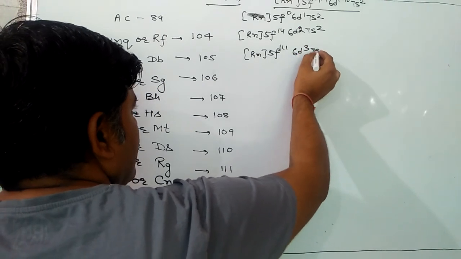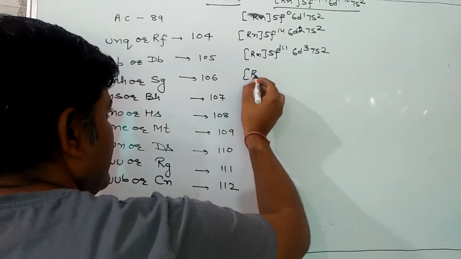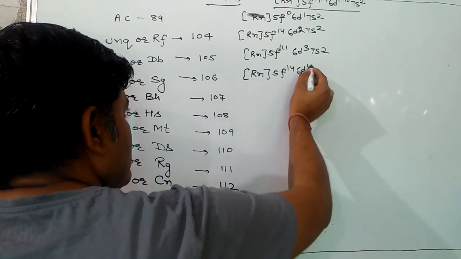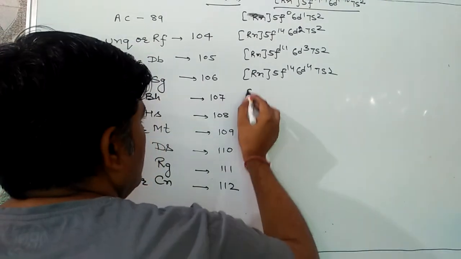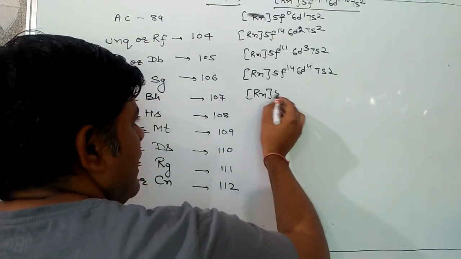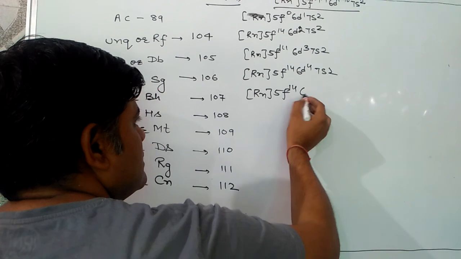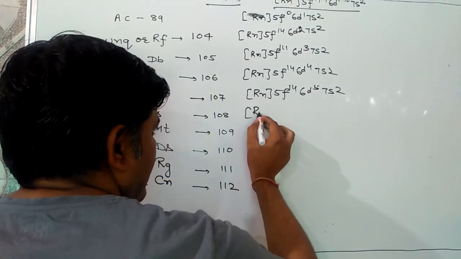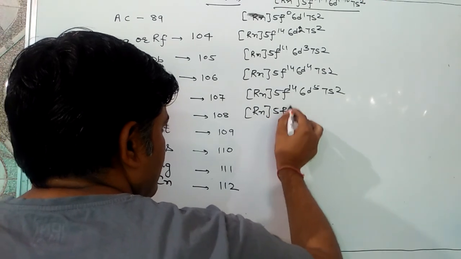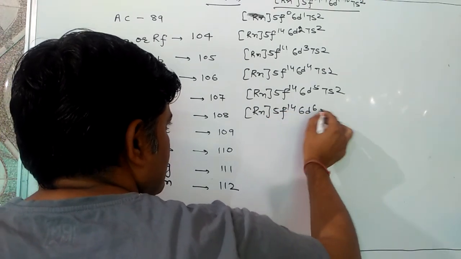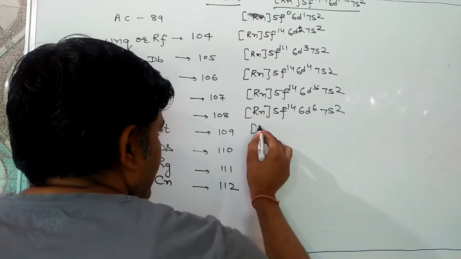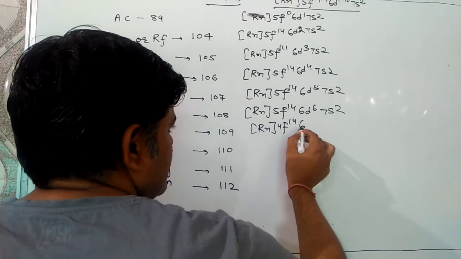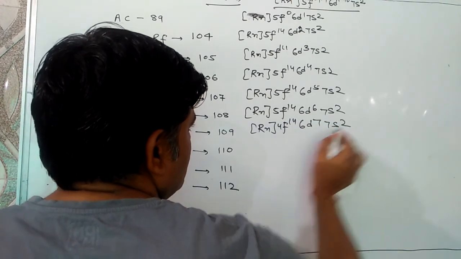For seaborgium, it will be radon 5f14, 6d4, 7s2. For bohrium, radon 5f14, 6d5, 7s2. For hassium, radon 5f14, 6d6, 7s2. For meitnerium, radon 5f14, 6d7, 7s2.